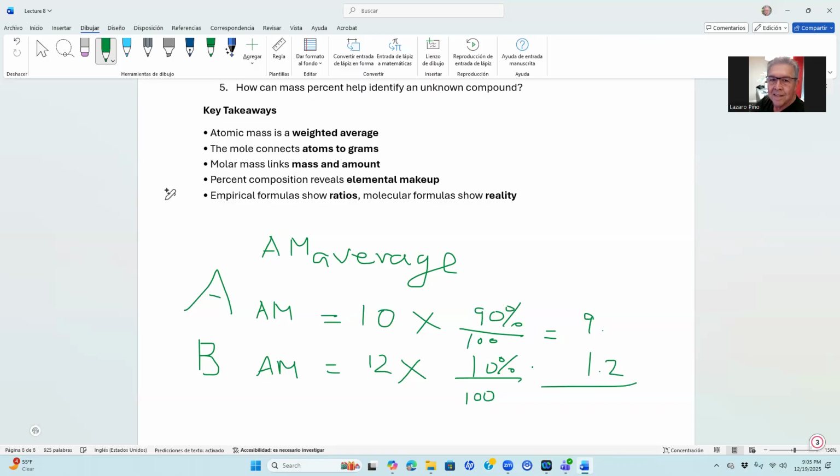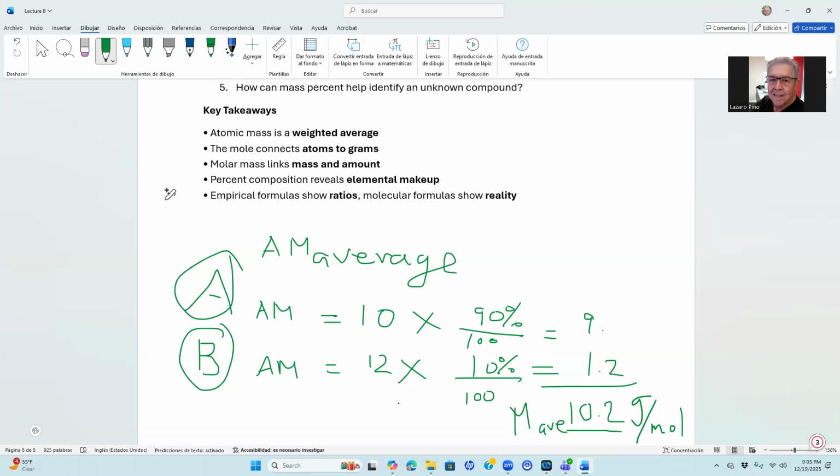Then you add the contribution of each of the isotopes, and what do you get? You get the average atomic mass in grams per mole, and this is what you get in the periodic table. That's why you can see fractions.